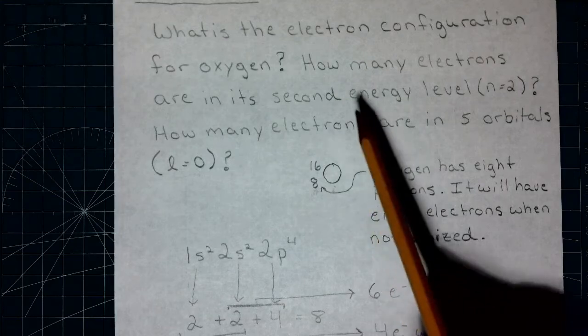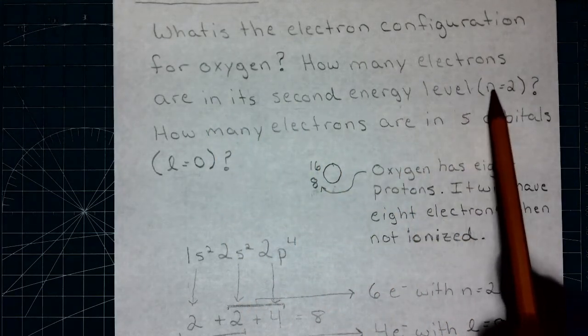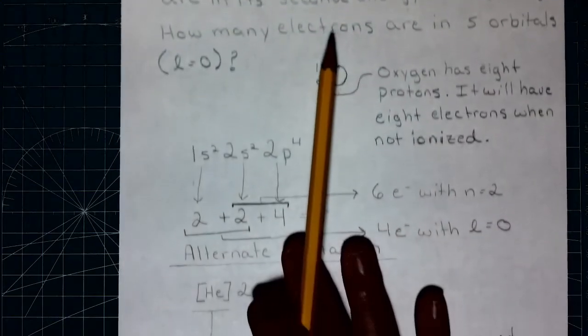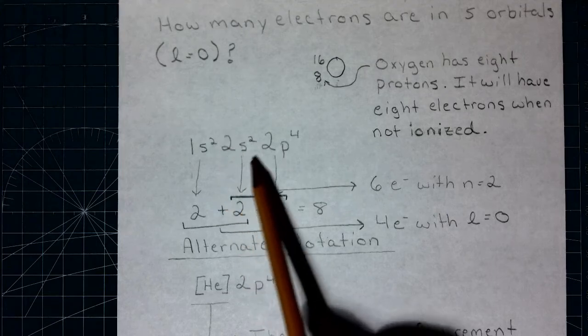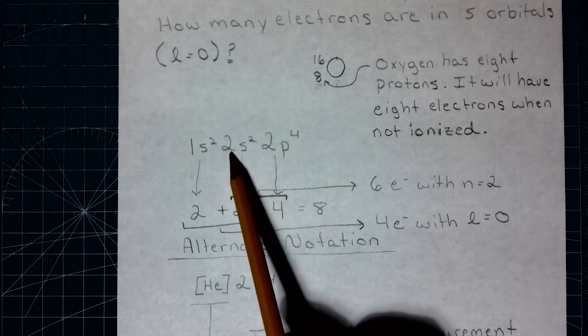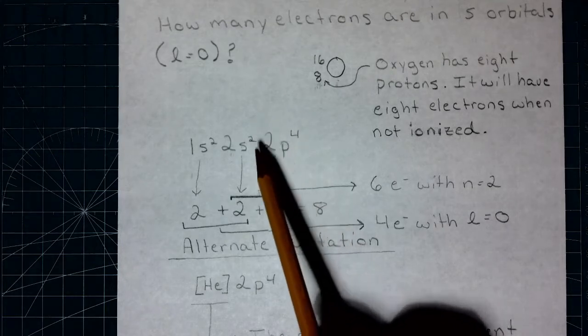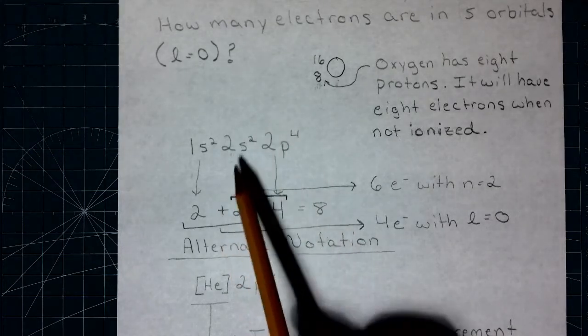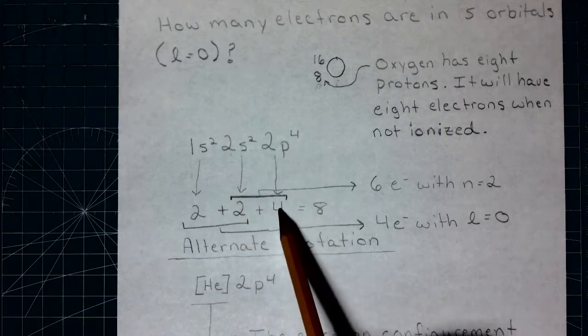But we asked how many electrons are in its second energy level when n equals 2. So this is an orbital in the second energy level, and this is an orbital in the second energy level. There are 2 electrons here, and there are 4 electrons here.